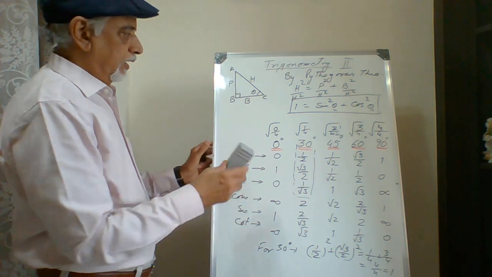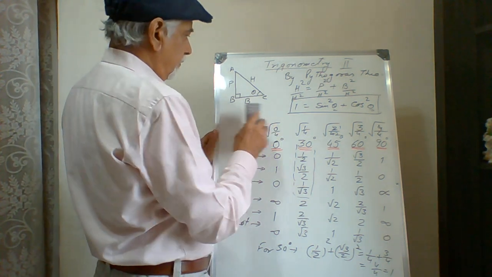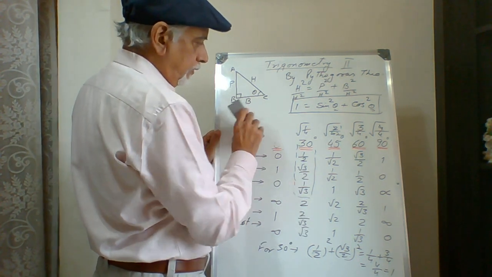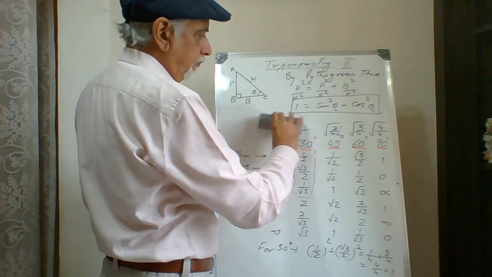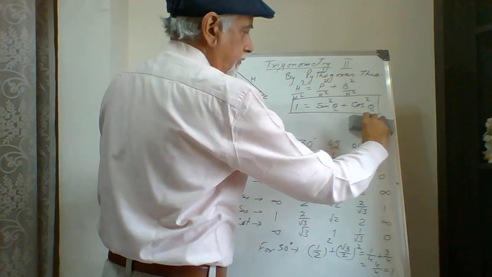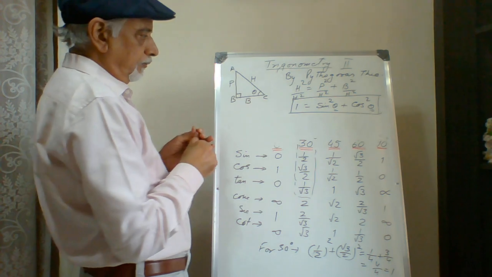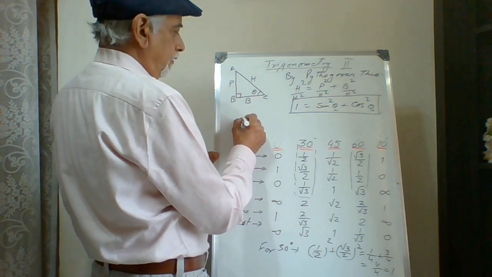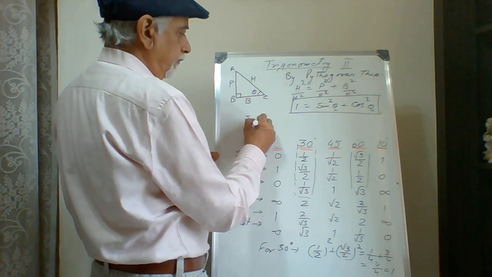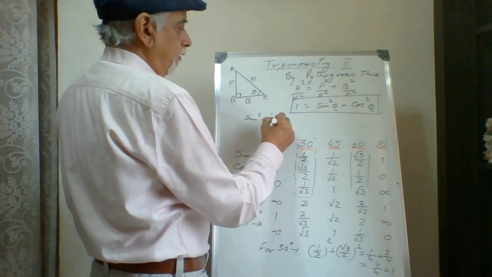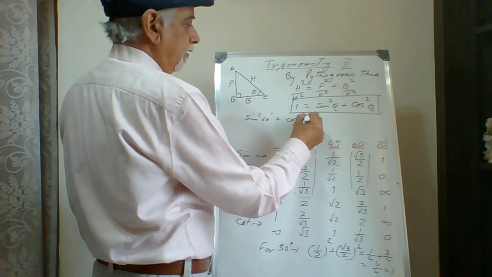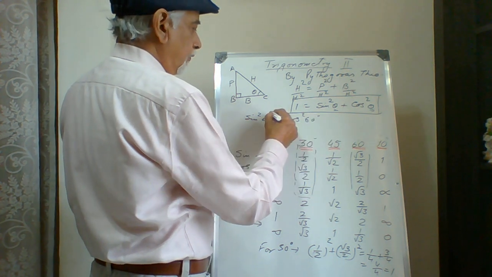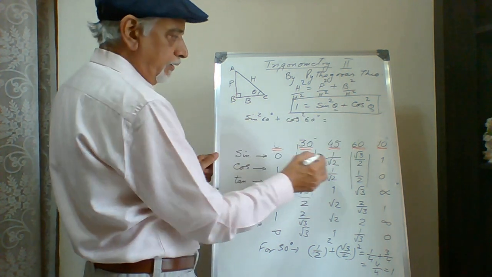Similarly, I check for another angle, 60 degrees. The values are like this. So sine square 60 plus cos square 60, how will it look?